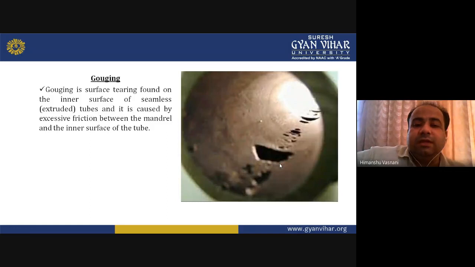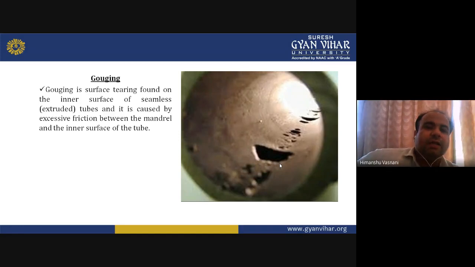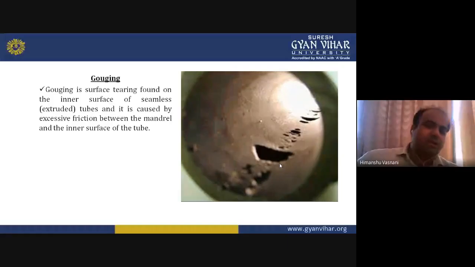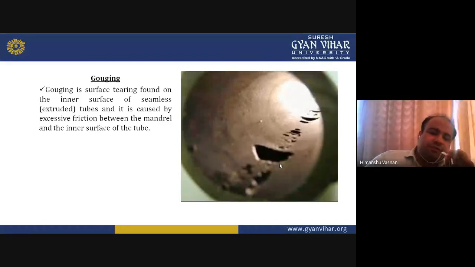Gouging. You can see in the diagram that a kind of tearing is taking place on the surface. You can easily say that gouging is the surface tearing found on the inner surface of seamless tubes, and it is caused by the material not being free to flow between the mandrel and the inner surface of the tube.